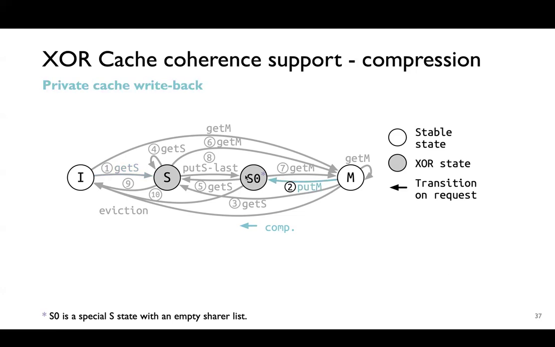On transition number two, when a private cache writes back its dirty line, this line can also try to XOR with another. And on transition number three, when LLC downgrades a line from M to S, the up-to-date line from the private cache similarly can write back to LLC, and it can also XOR with others.